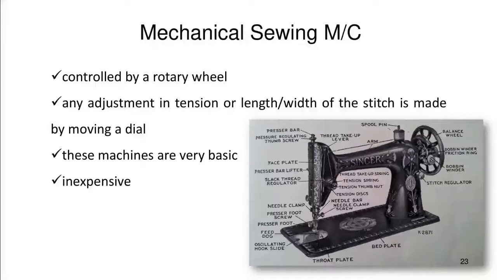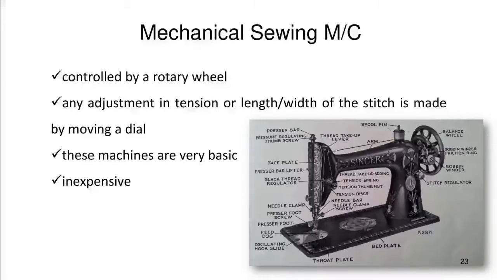Now, having said that, this black machine that you see is pure magic, and it does the same job as any expensive machine, just that it is run mechanically. Great for rural India where you do not have much electricity. And the best part is it is very cheap. This would come for about 1,500 or 2,000 rupees.